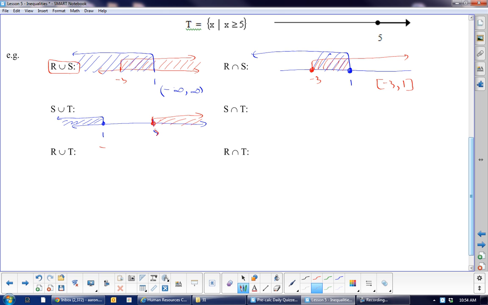We would have negative infinity, comma, 1, square bracket, union, 5, comma, infinity. Union is said as the word "or." So from negative infinity to 1, or 5 to infinity. That's the union.